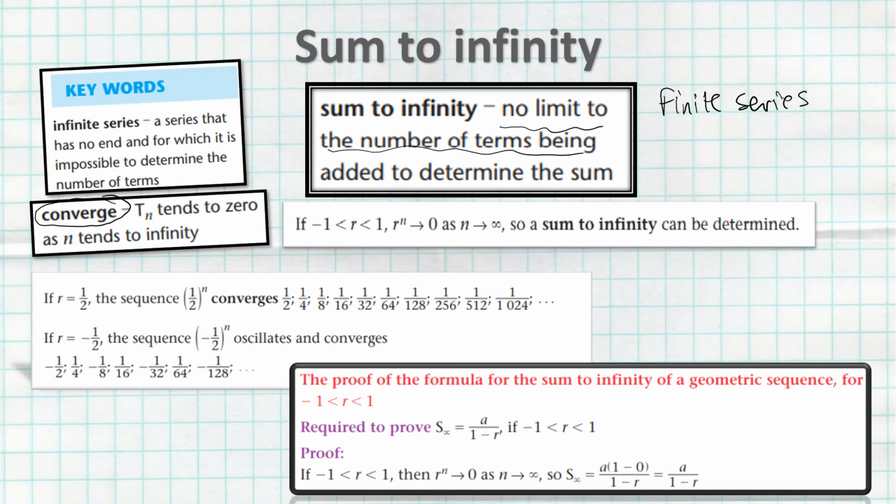Then we say that geometric series is convergent, right? So there are some things that you can calculate to see if your series is convergent or not.